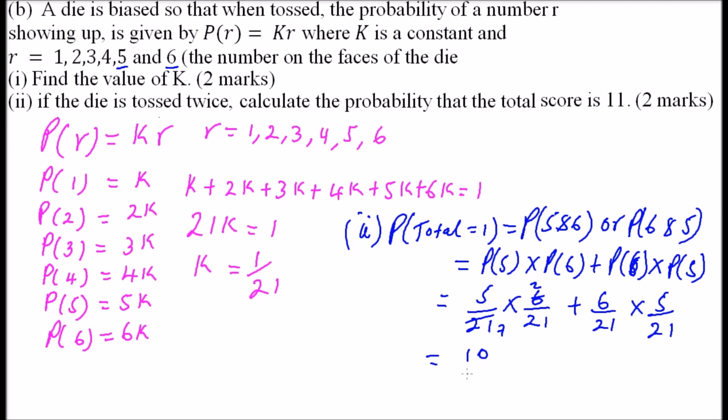Multiply 21 by 7, you get 147, plus the same applies, you divide by 3, you get 7, plus 10 divided by 147, that should give you 20 divided by 147. So that is the answer for that question, and that is how you work it out.